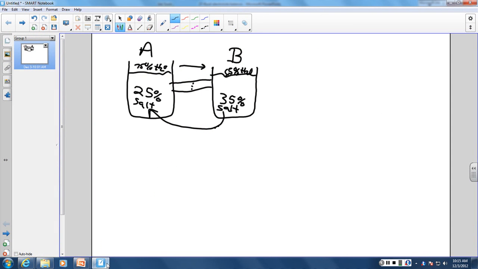So the salt concentration is now higher in the blood than in the tissue, represented by A. So water is going to leave what? The blood, right? No, I'm sorry. Water is going to leave the tissue and go to the blood.